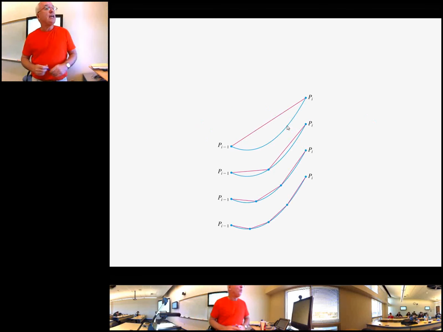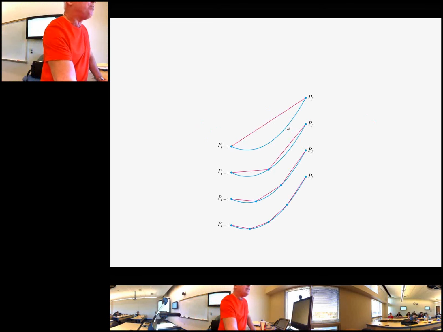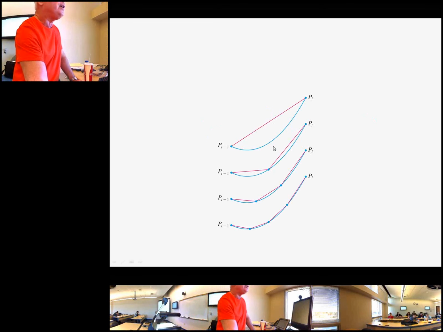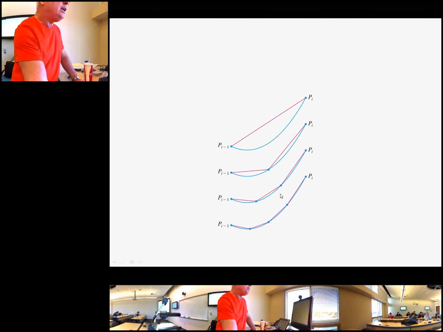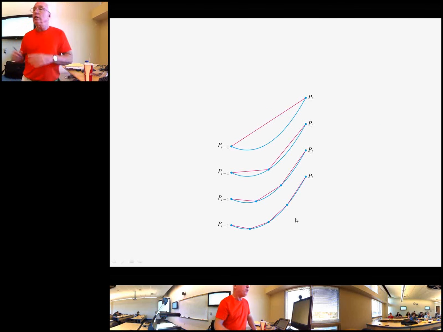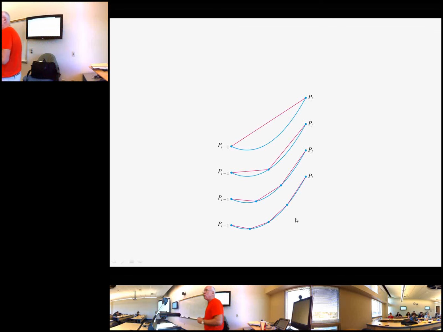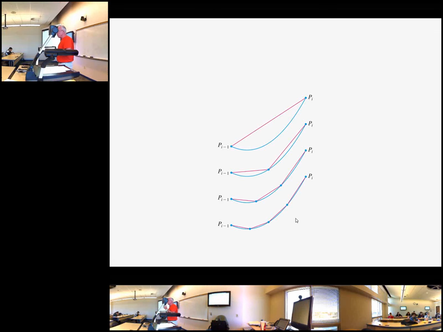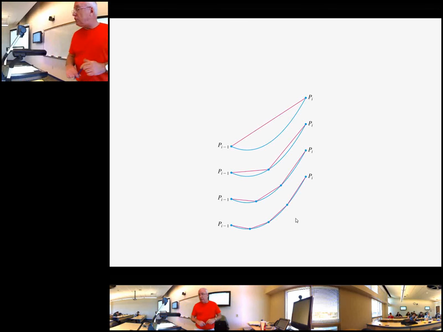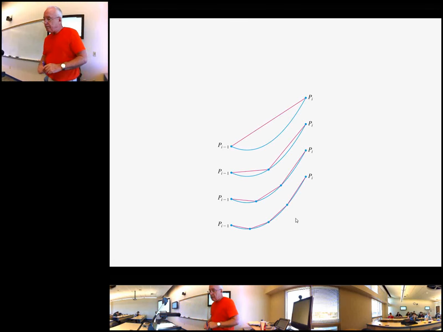Here we're dividing it again by 2, by 3, by 4, to get closer and closer approximations of those straight lines to the actual curve. So we can figure out the length of each one of those straight lines.